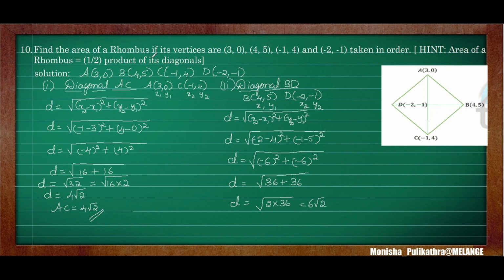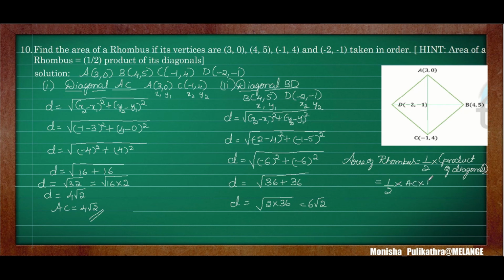Next, what we have to find out is the area of the rhombus. Area of a rhombus is equal to half into the product of its diagonals. So half into, what are the diagonals here? AC into BD, right?